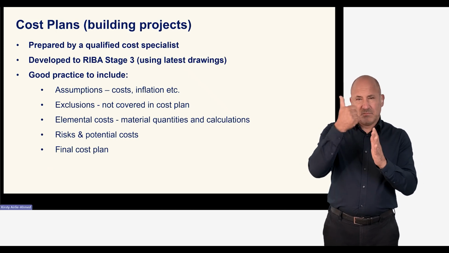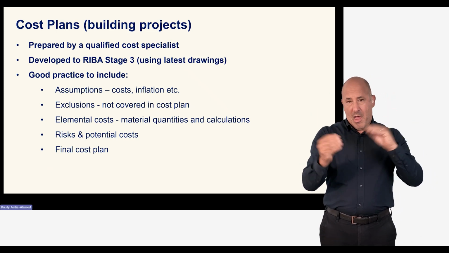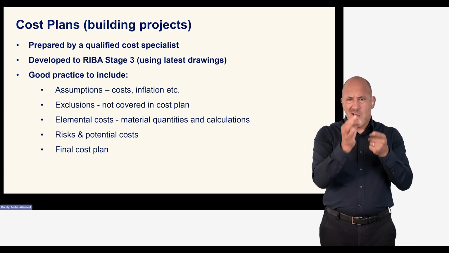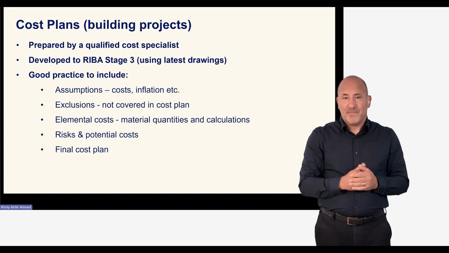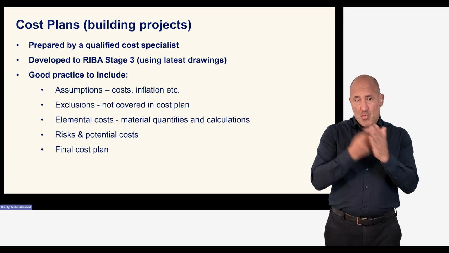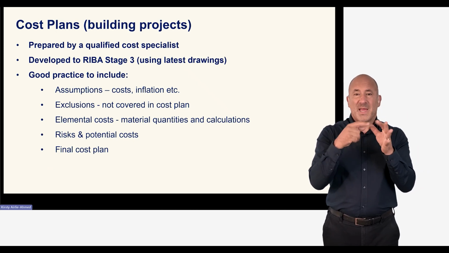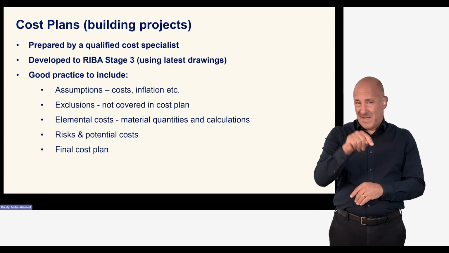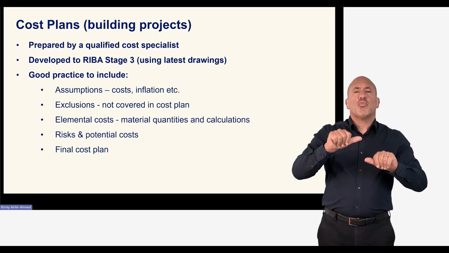Cost plans start off their life being quite speculative and becoming more defined as they are updated at each RIBA stage. With your application, we would expect to see cost plans based on RIBA Stage 3 or equivalent drawings, not earlier iterations of your project.